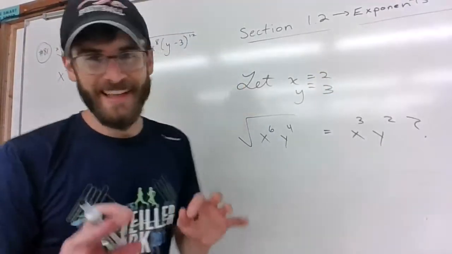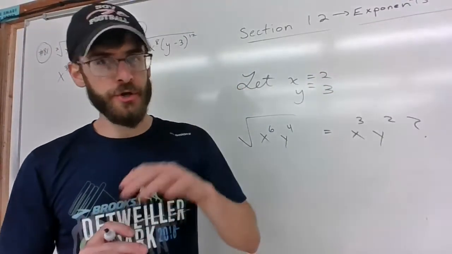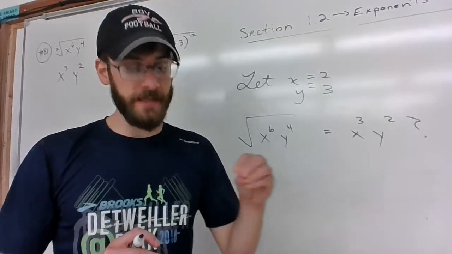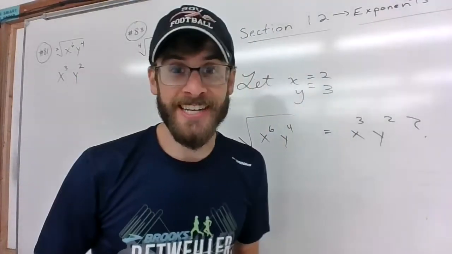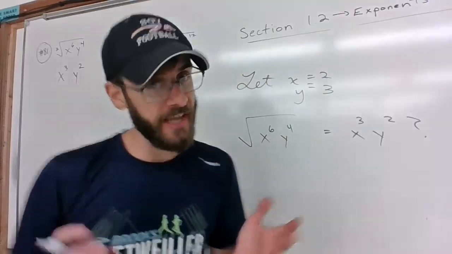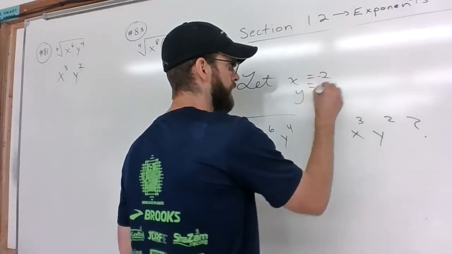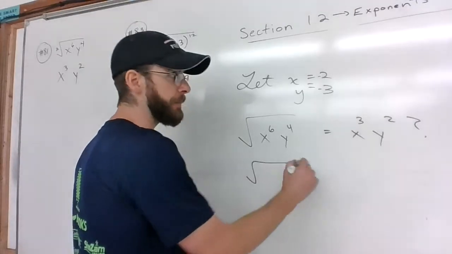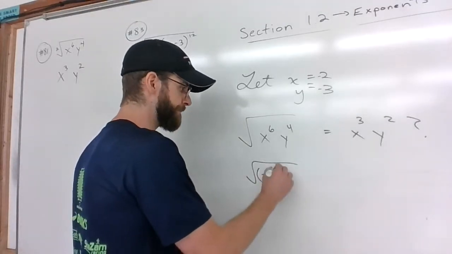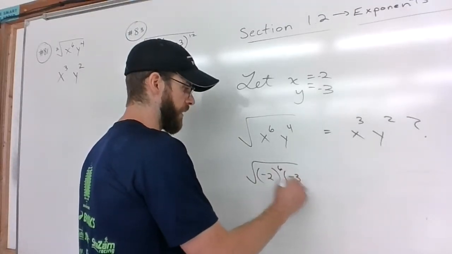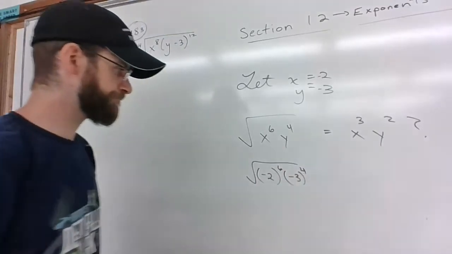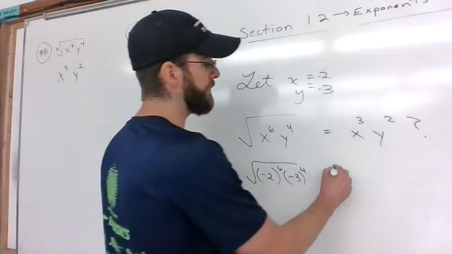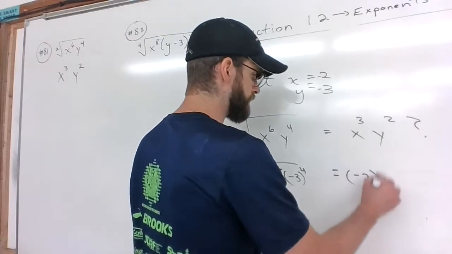No, I'm sorry. Let's not let x equal 2 and 3. Let's assume they're negative. What happens when they're negative? Whew, almost messed that up. So then I'm going to plug in where they belong, and plug them in where they belong over here.